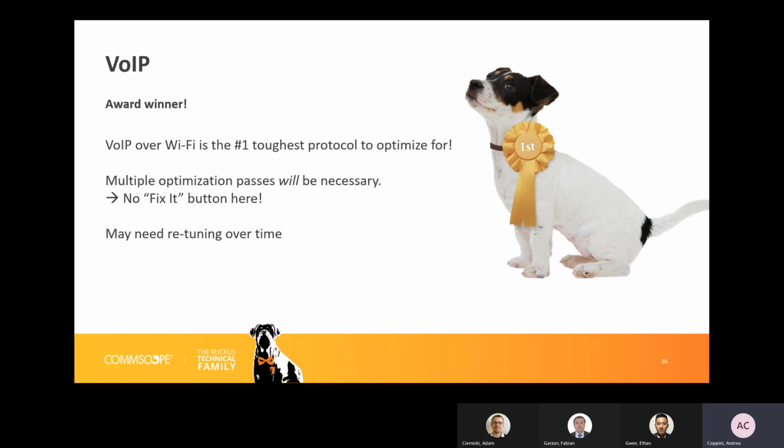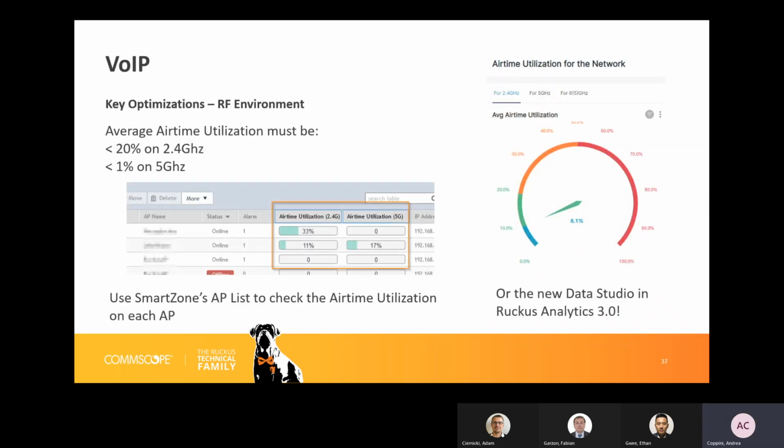So if you are seeing issues with voice over IP, or if you're thinking about deploying voice over IP and you start seeing issues, don't worry. That's very common. I would say it's more common to have issues with voice over IP than not. With voice over IP, it's a multi-layered approach. You would need to make sure that your RF infrastructure is healthy, but then you would also need to make sure that the rest of the network is healthy as well.